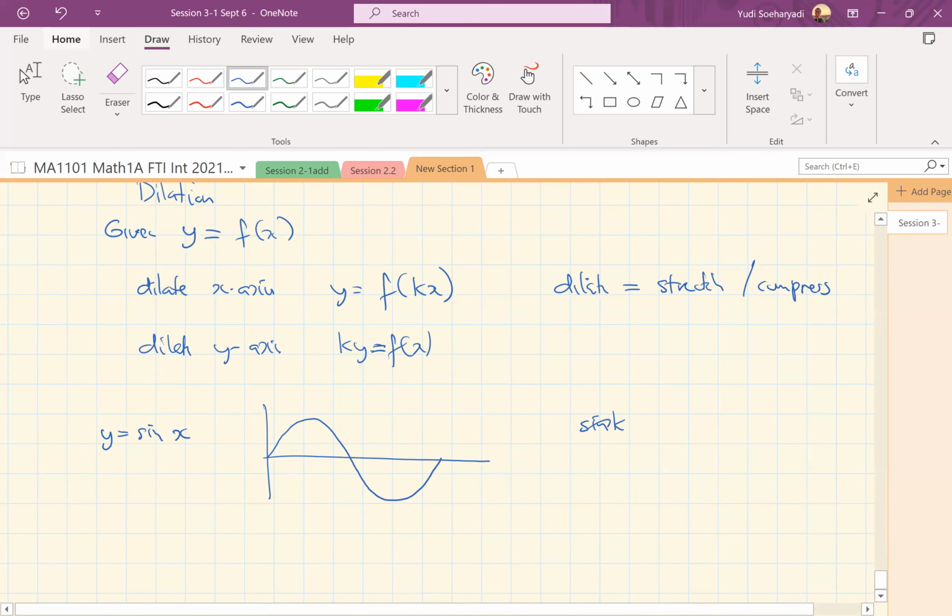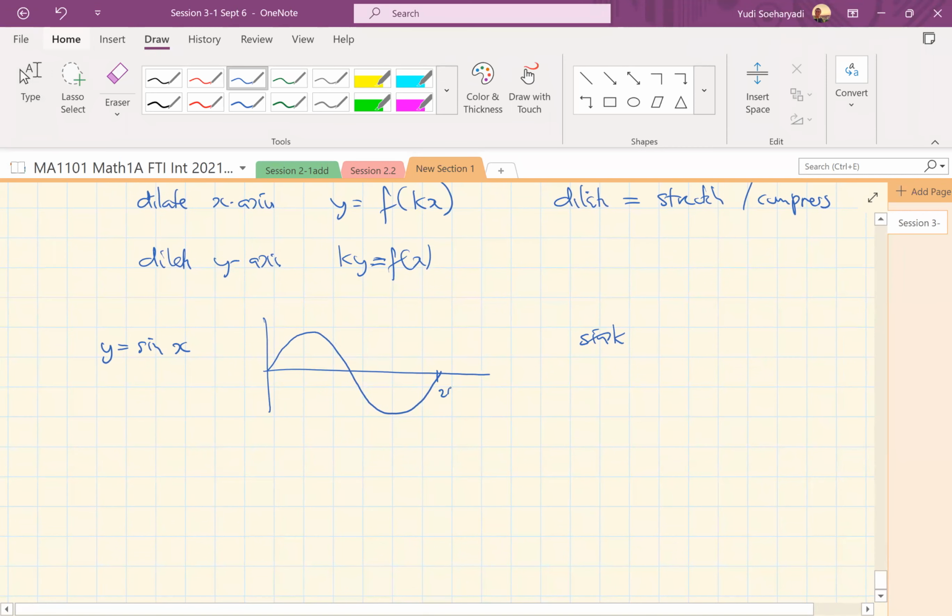I'll show you later. This is 2 pi. When you graph this one, sine 2x, you get something that looks like this, the same 2 pi, but compressed.